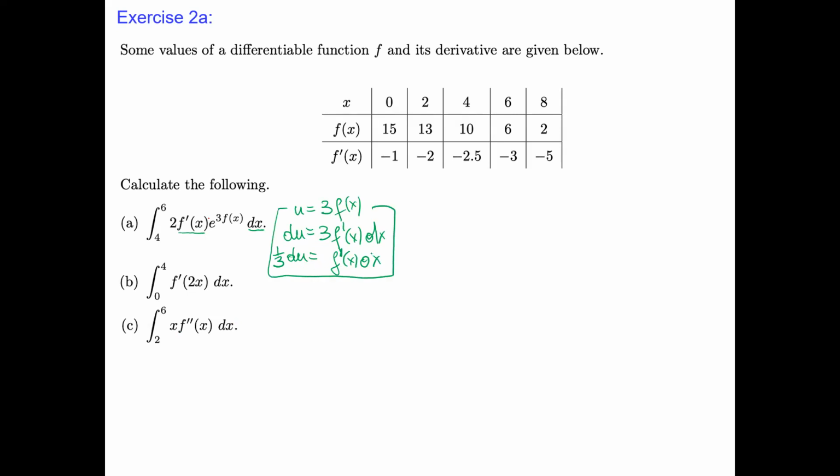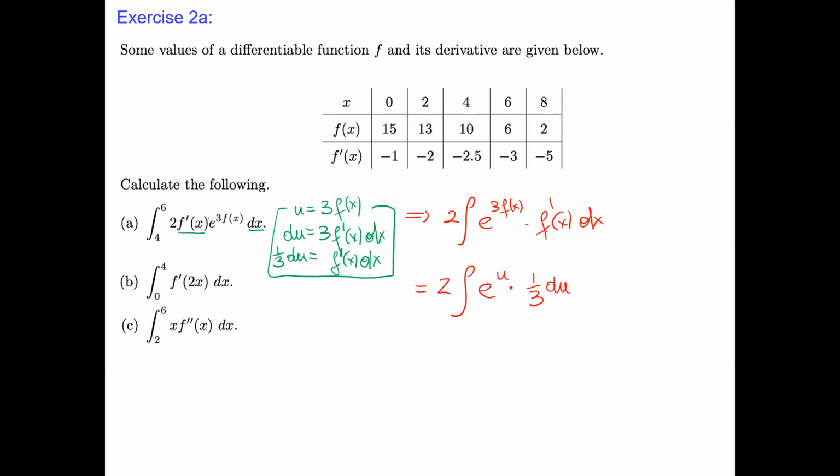Okay, let's see what we have. Let's put the constant outside, and e to the power of 3 f of x times f prime of x dx. Let's rewrite first. 3 f of x is u, and f prime of x dx is 1/3 du.